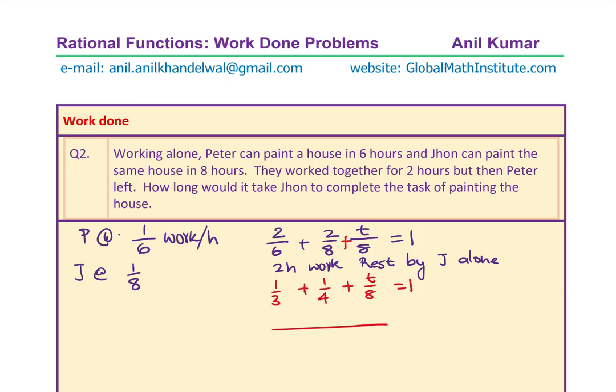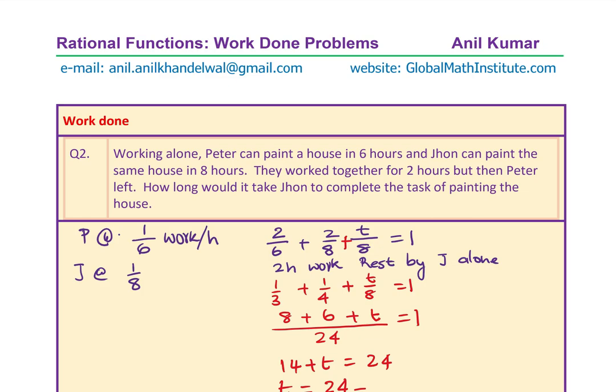Common denominator you have to take is going to be 8 times 3, 24. And then you can simplify it: 8 plus 6 plus T equals 1. Cross multiply. 8 plus 6 is 14.